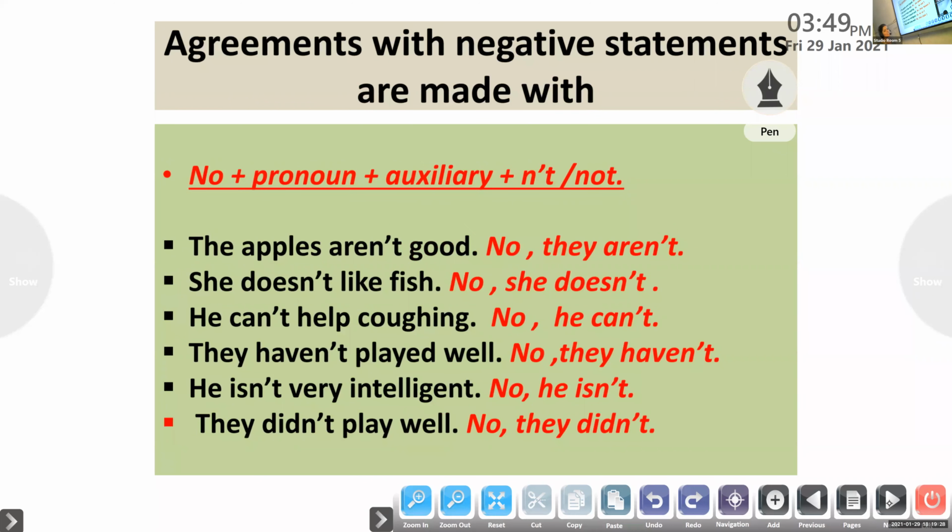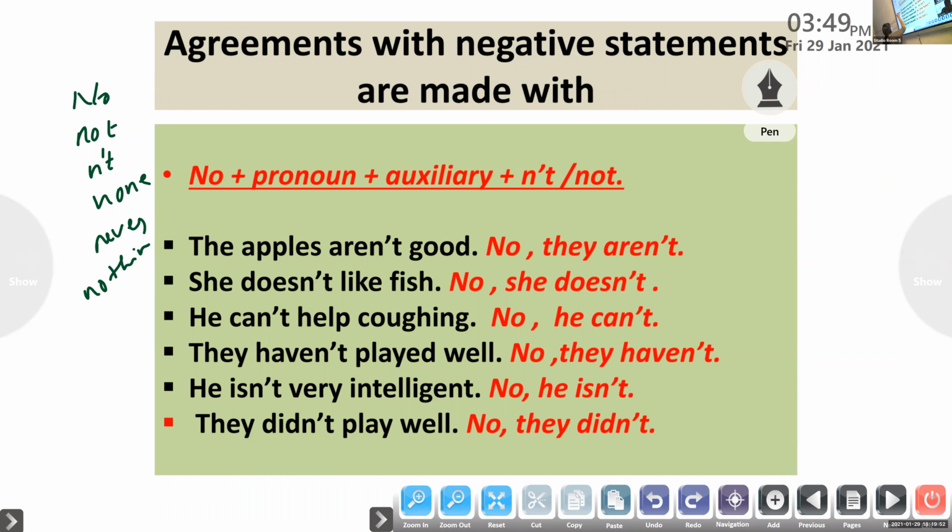Agreement with a negative statement. What is a negative statement, children? How do we identify a negative statement? A few words, right? Words like no, not, n't, which is the short form of not, none, never, nothing.